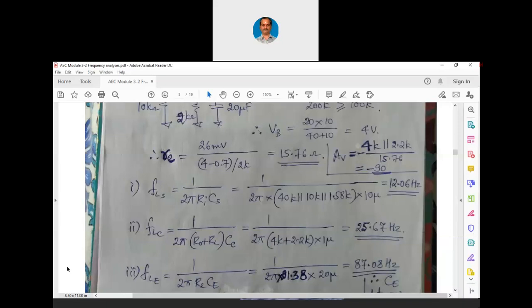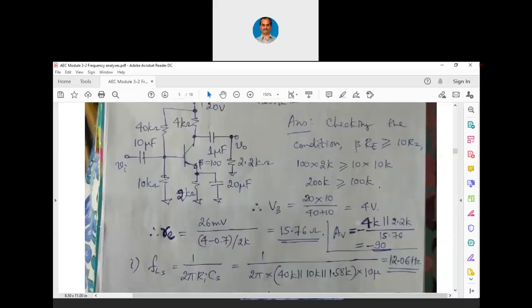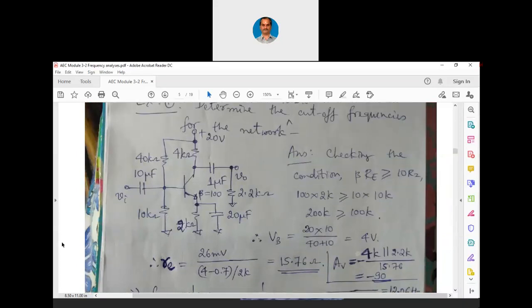So naturally, it is the emitter capacitance, which is this 20 microfarad, that is determining the lower cutoff frequency now. That is why we have to be careful when we choose these capacitance values also. These are not randomly chosen. Just like that, we cannot put 10 microfarad, 1 microfarad, 20 microfarad anywhere.